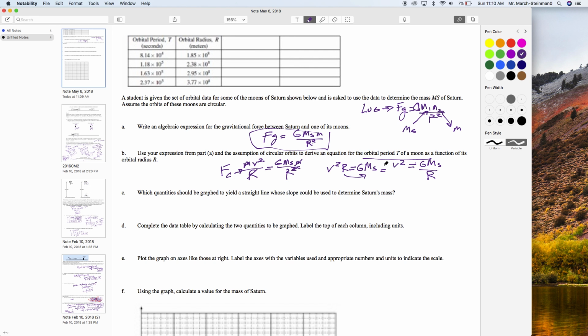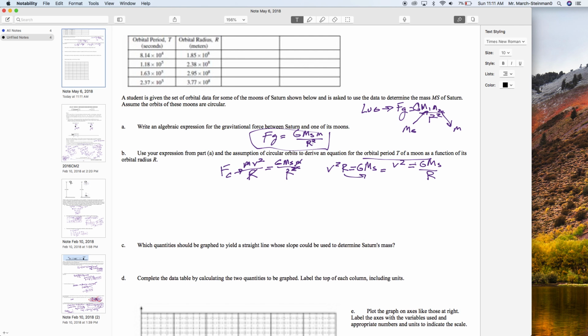To find the period, we have some relationships. We know that period equals 2 pi r over v.